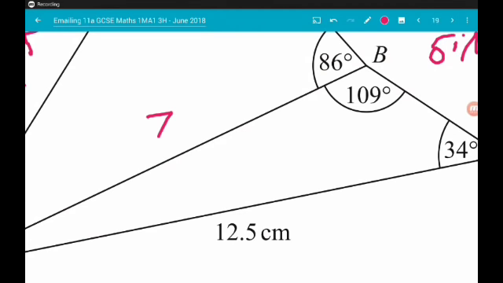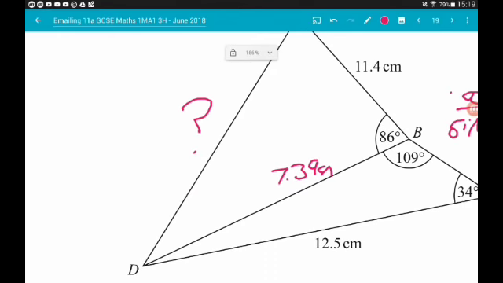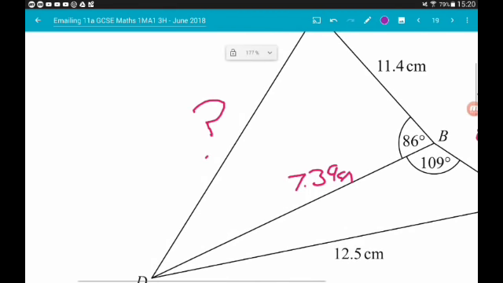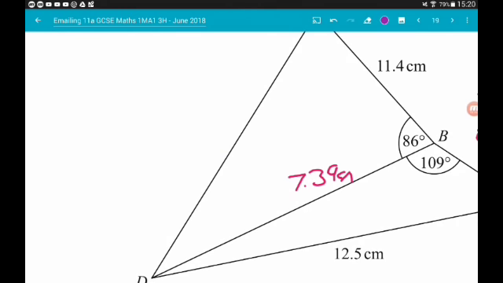So we now know that this side here is 7.39 centimeters. So now in this top triangle, we now know 2 lengths and 1 angle. We don't have a matching pair of side and angle, so we're now going to have to use the cosine rule. So again, I'm now going to call the side that we want A again.